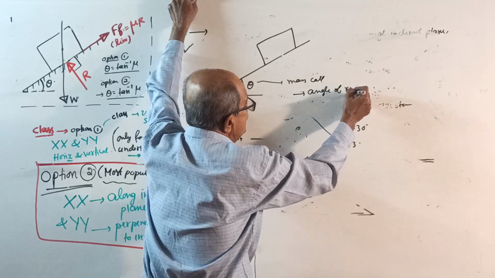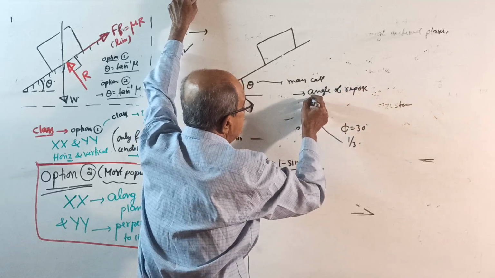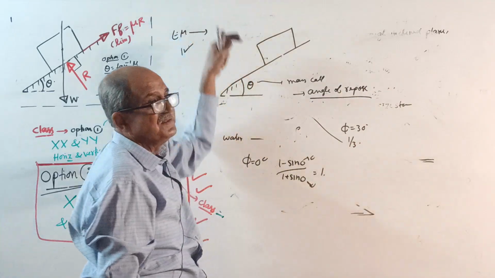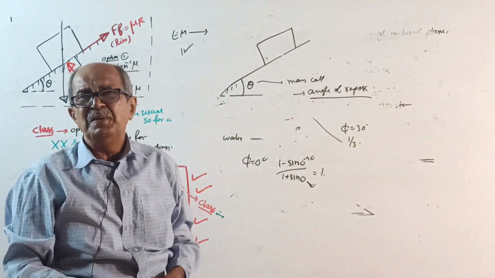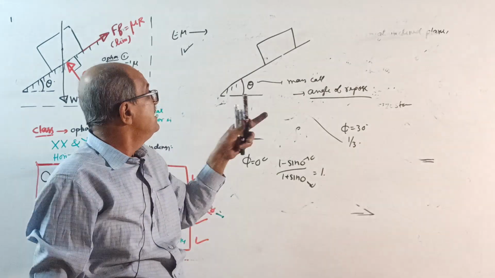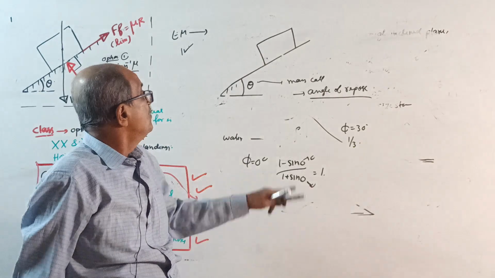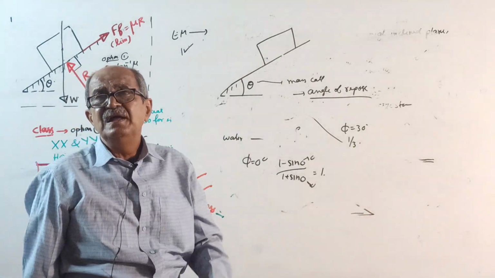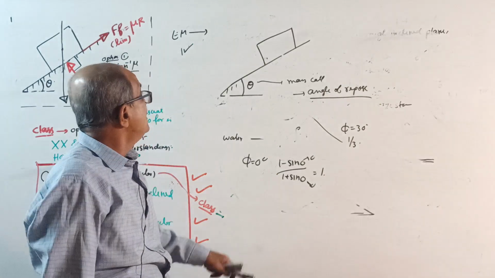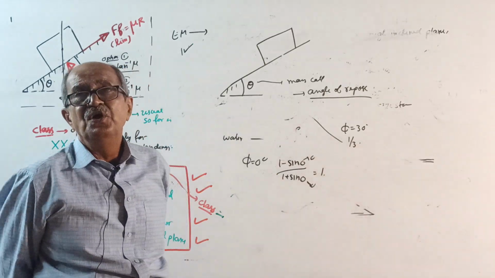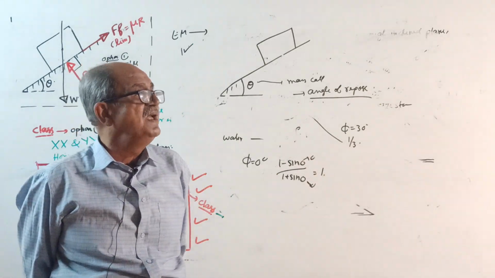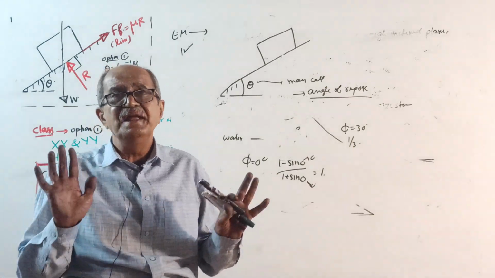But I don't agree, angle of repose I think comes in soil mechanics. But many people write it. So in the friction chapter, if they ask angle of repose for an inclined plane, you write it is the angle at which a body freely placed on the inclined plane is on the verge of sliding down.